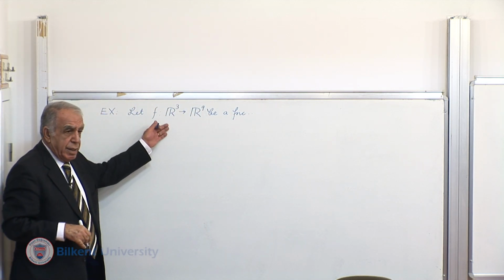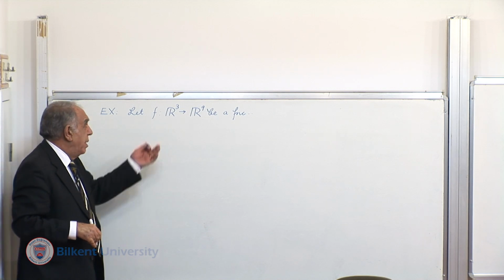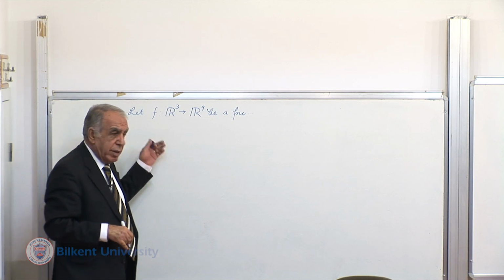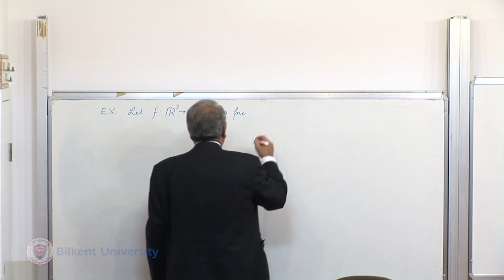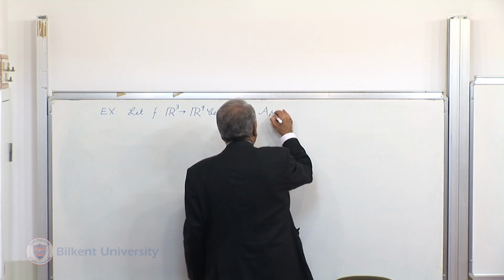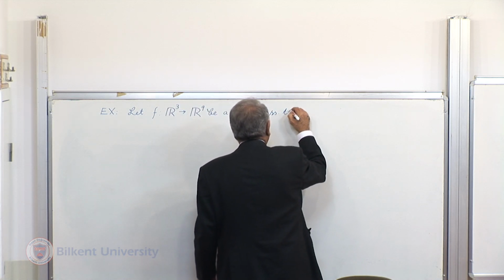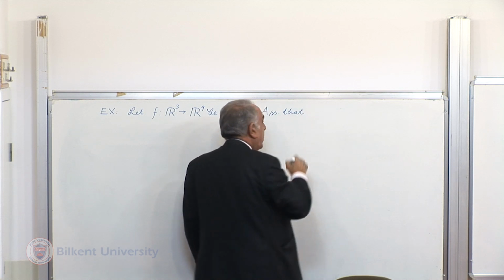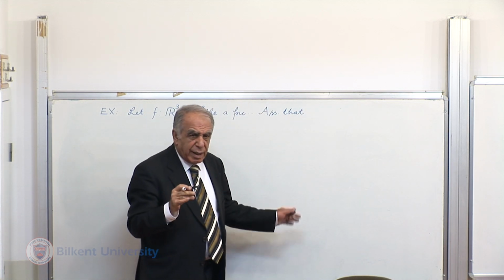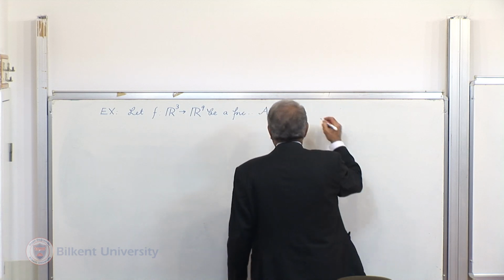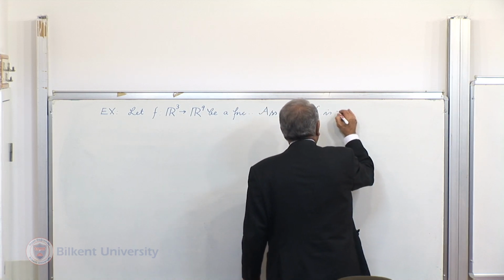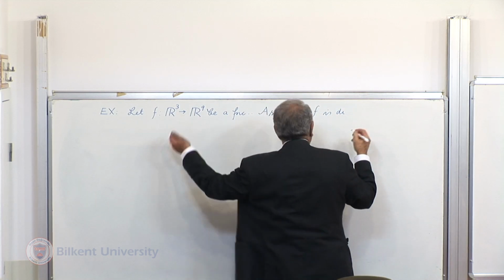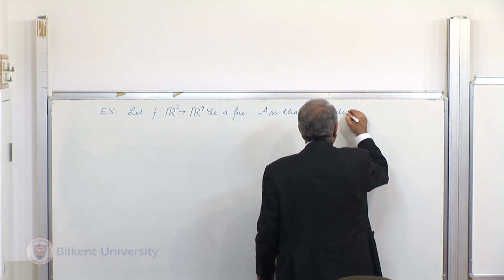The origin, 0, 0, 0, well, that's clearly an interior point of the domain. We assume that, we took it at 1, 1, 1, I guess, okay. Assume that f is differentiable, but every point in R3 is an interior point.